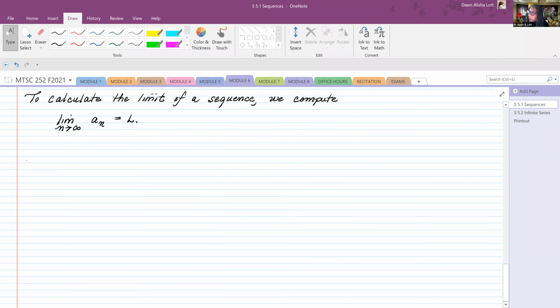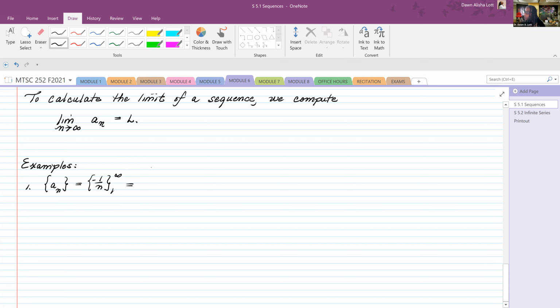All right, so here's some examples. Okay, so the first one, a sub n equal to minus 1 over n, n from 1 to infinity.